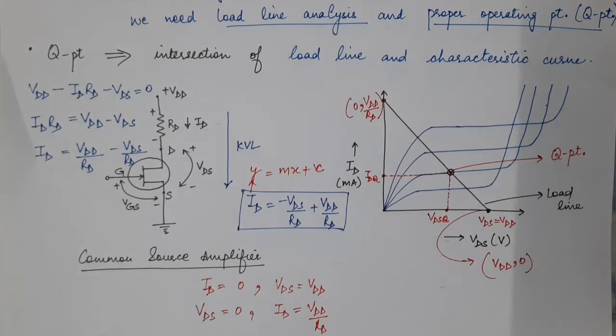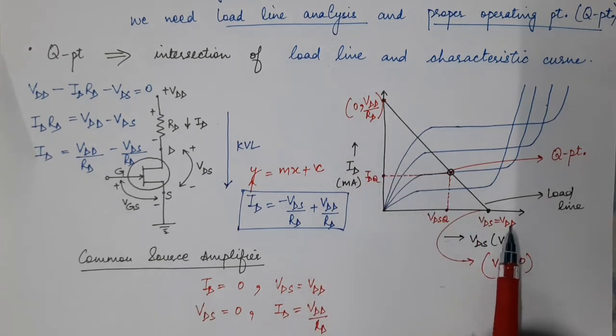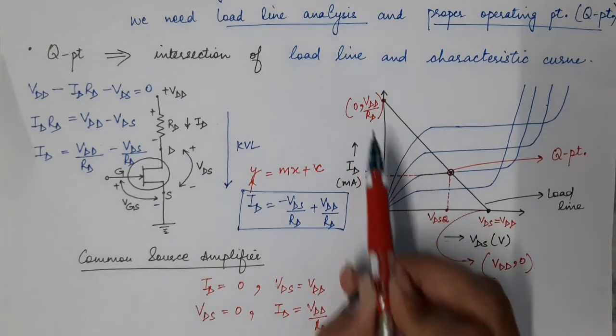And to change the operating point, if the operating point is not proper and you have to make it proper, you know that the coordinates of the load line depend upon VDD and RD.